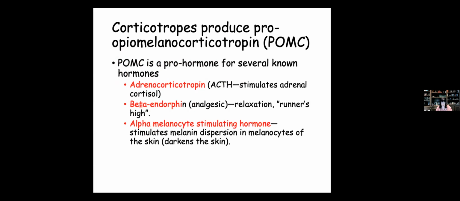Beta endorphin is another one. And alpha melanocyte stimulating hormone is a third. And so we'll have beta endorphin released by stress to help us relax. It's also kind of like an analgesic. So it's kind of a multiplex system that sends these hormones out in cases of stress.